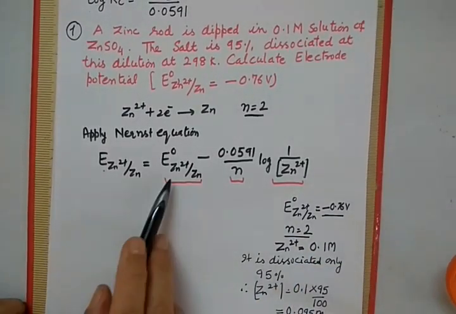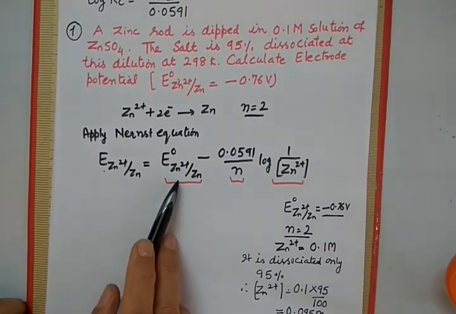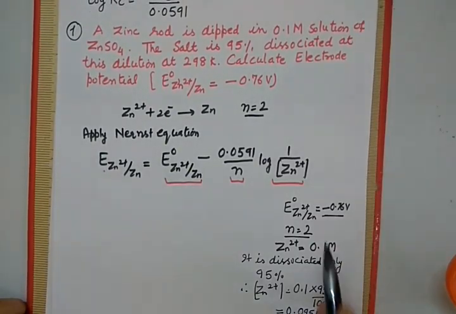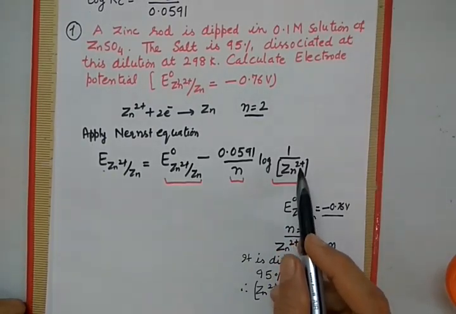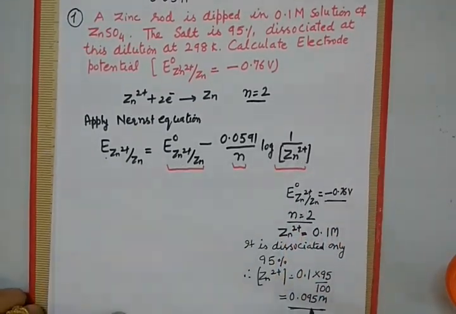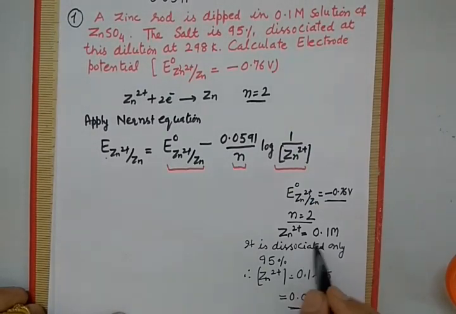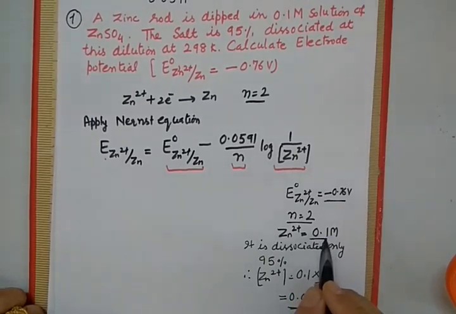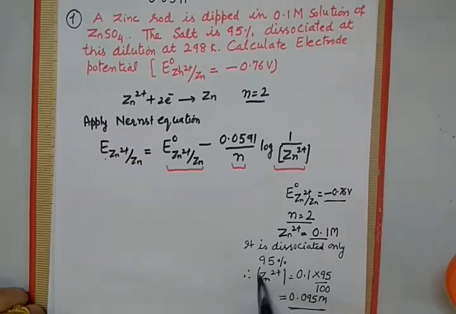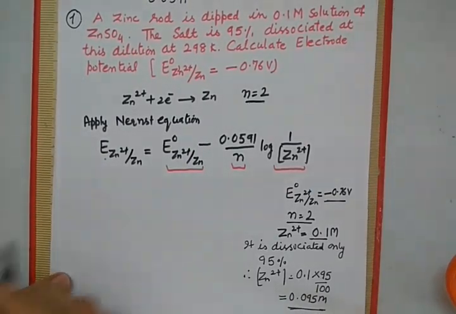Clear? E naught Zn2+ | Zn, this is the value. n is equal to 2, and the concentration of Zn2+ is 0.095. This was the concentration given, but it is not completely ionized, only 95% ionized. So the effective concentration of ions will be 95% of 0.1. It is 0.095 m. So now the question is clear.